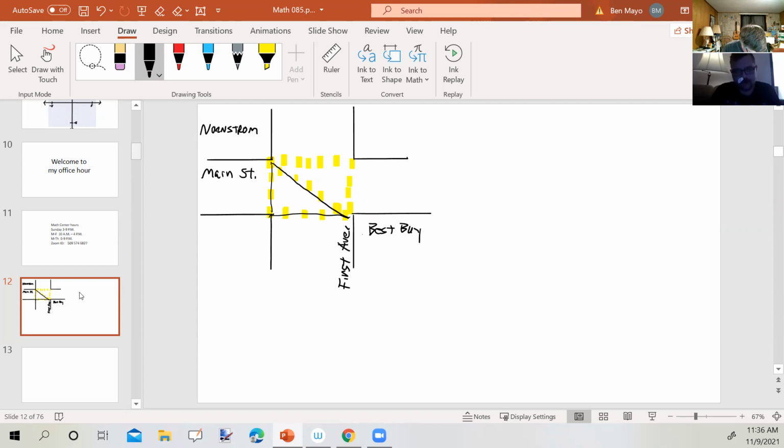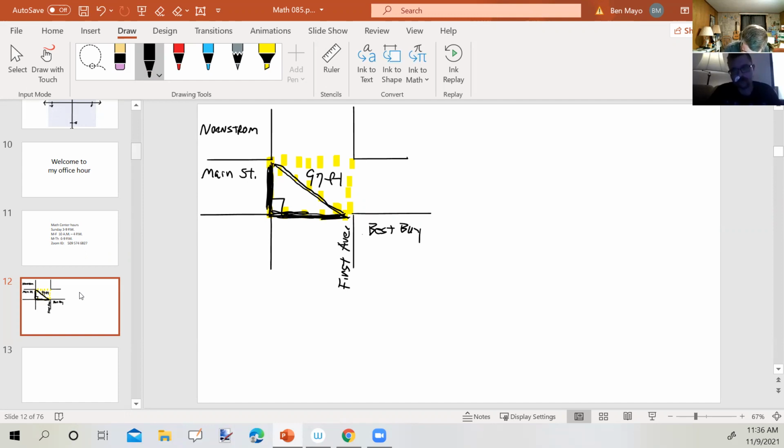It says, shopper uses a diagonal crosswalk to walk 97 feet directly from one corner to the other. So what we have here is a right triangle. And this distance is 97 feet. It says, if the length of the Main Street crosswalk, which is this one, is 7 feet longer than the First Avenue crosswalk, which is that one.